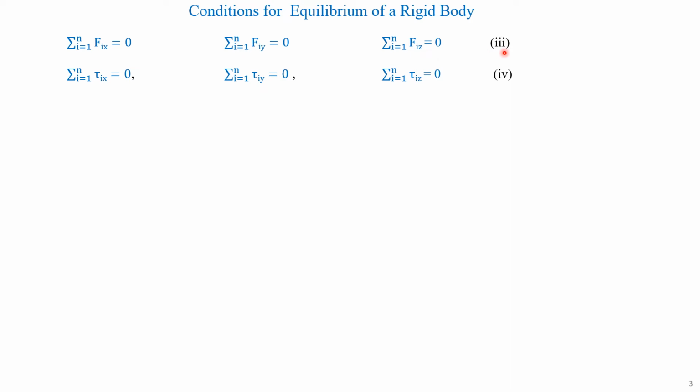It was given in the previous slide as equation number 3, which is reproduced here. Similarly, sigma i equals 1 to n of tau ix equal to 0, sigma i equals 1 to n of tau iy equal to 0, and sigma i equals 1 to n of tau iz equal to 0 was explained in the previous slide and given as equation 4.